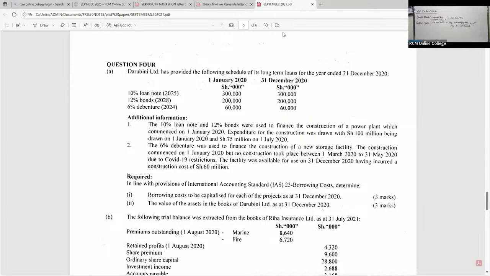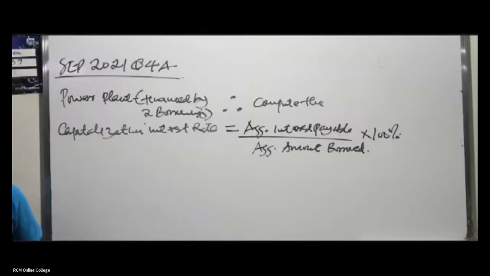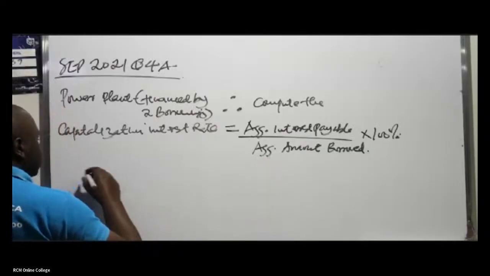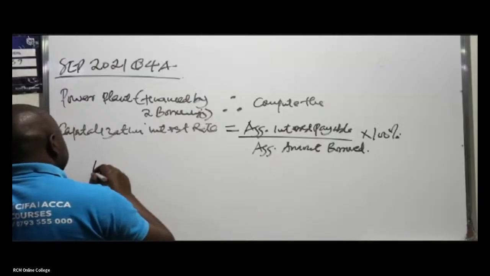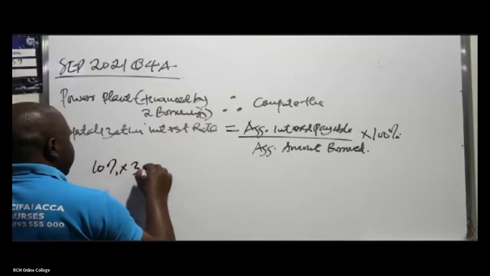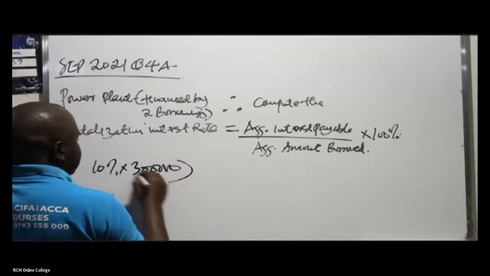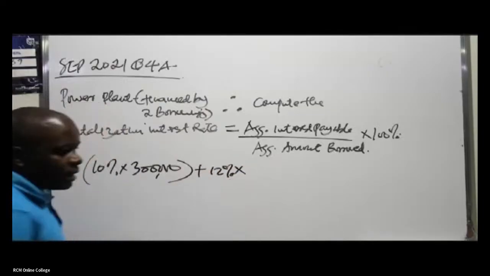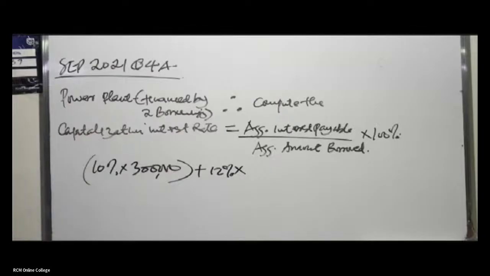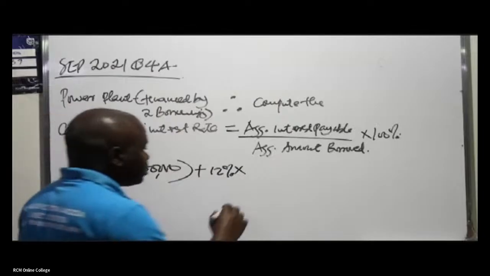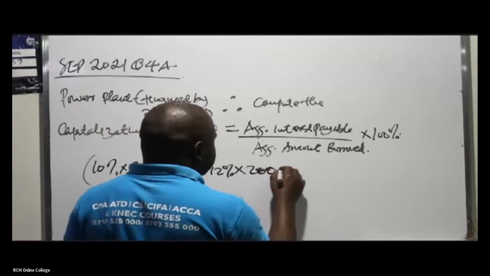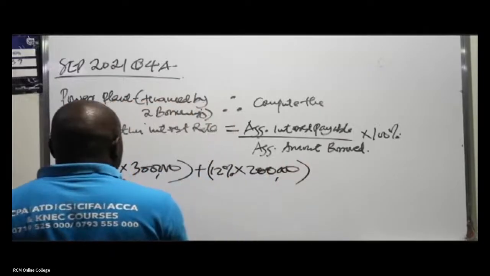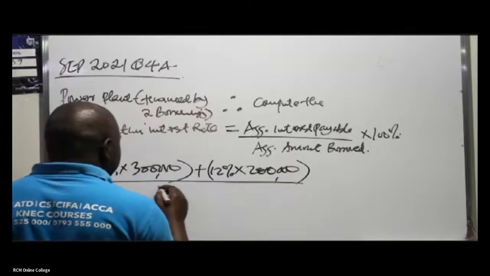The aggregate interest. It will be 10% of the 300,000, so we do this calculation: 10% multiplied by 300,000, plus 12% multiplied by the other amount borrowed, 200,000. Our figures are in thousands. Then we divide by 500,000.